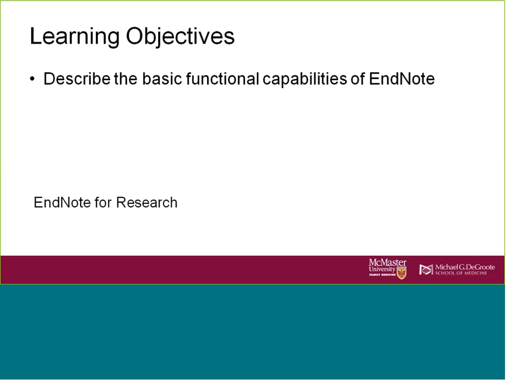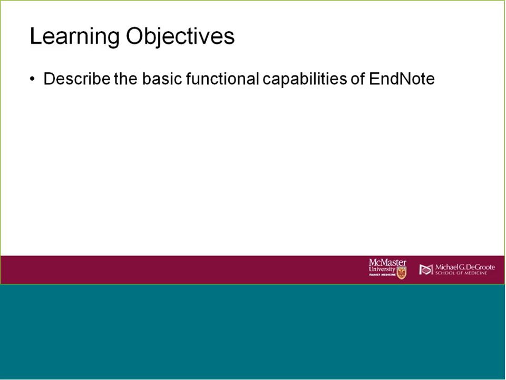All right. In terms of what I think would be best for everybody to get out of this workshop, in terms of learning objectives, I wrote down 3. The first one: by the end of this, it'd be useful for you to be able to describe what the basic functional capacities of EndNote are.